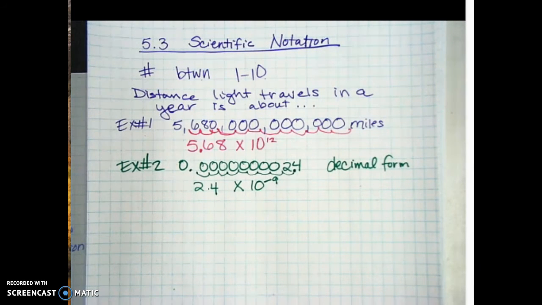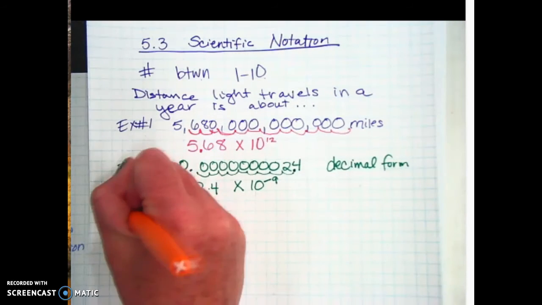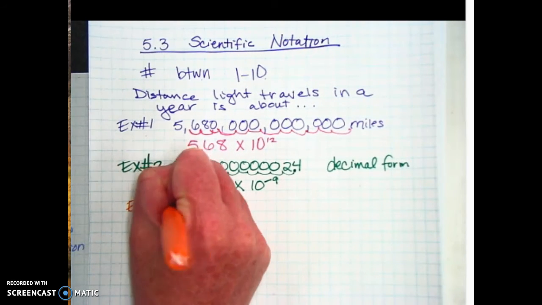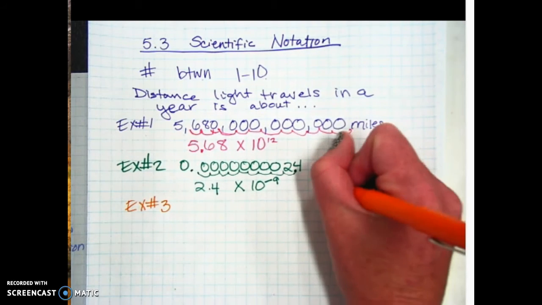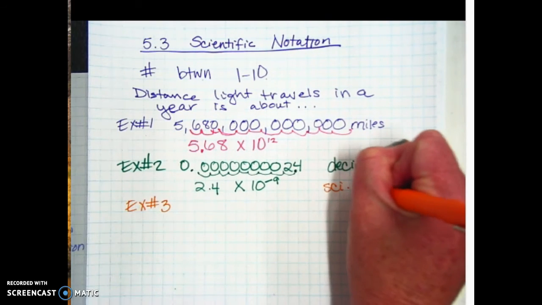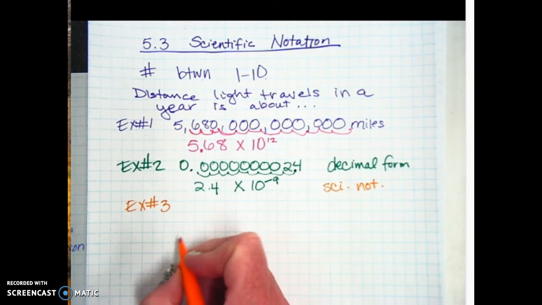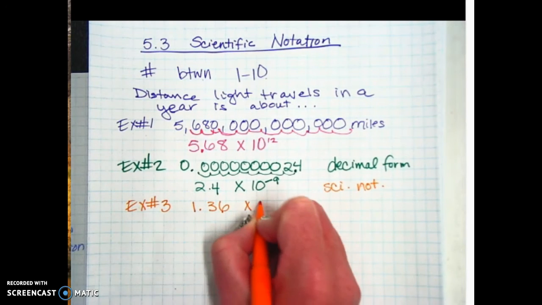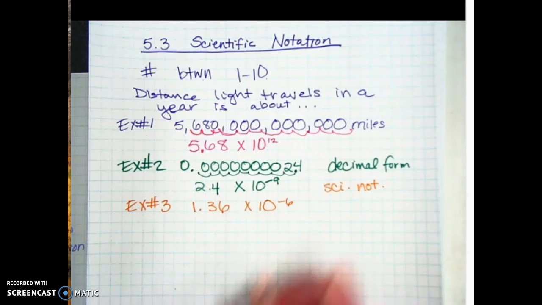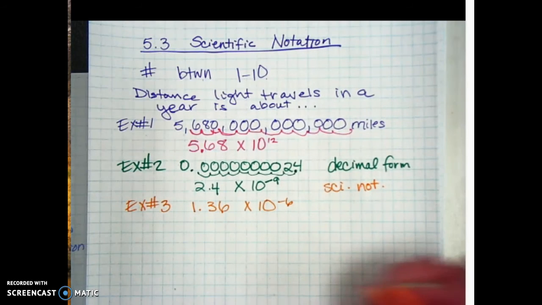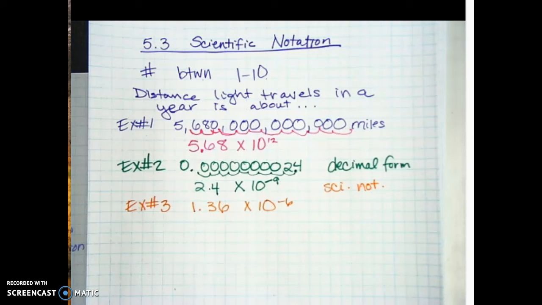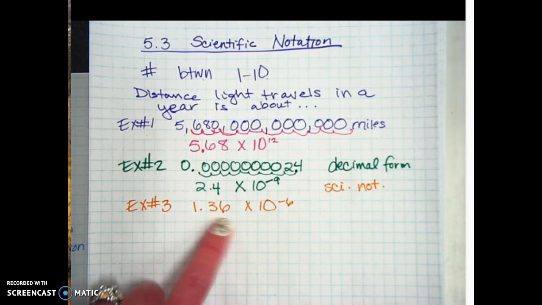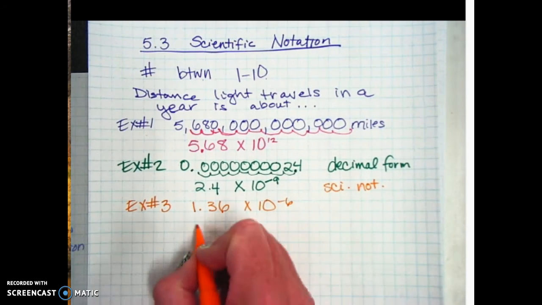Let's talk about going the other direction. Example number 3, going from scientific notation, 1.36 times 10 to the negative 6. The directions will say something like, change to decimal form. Okay? So you start by writing the 1.36.